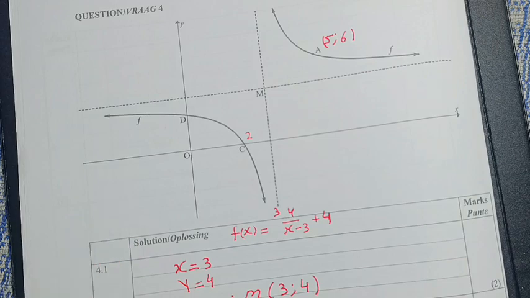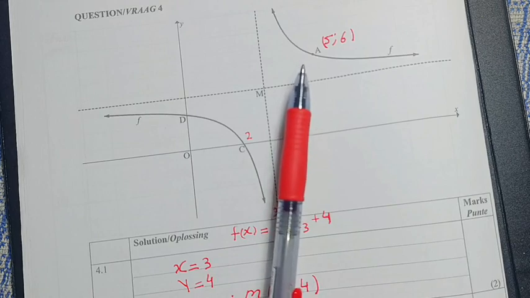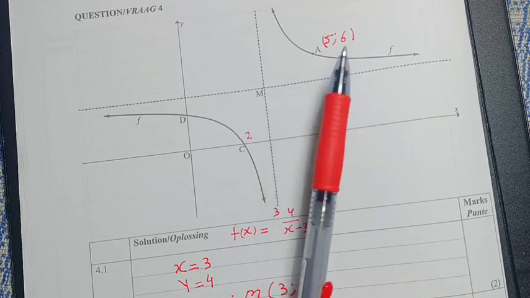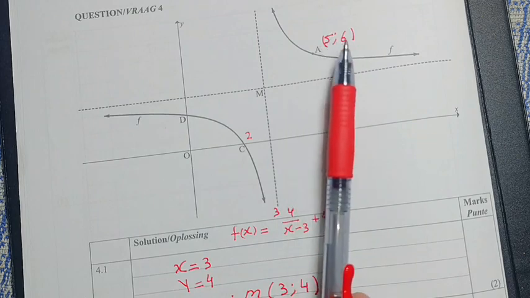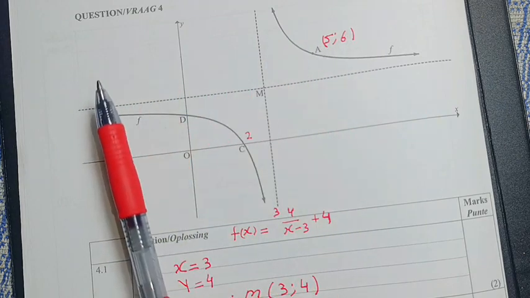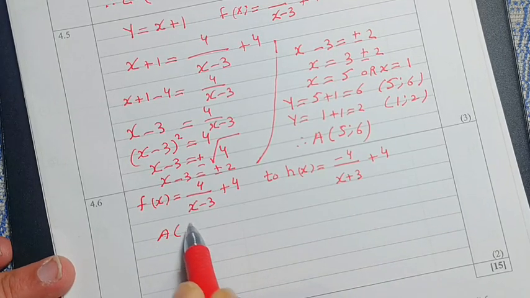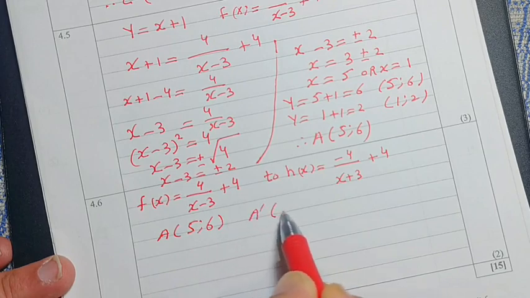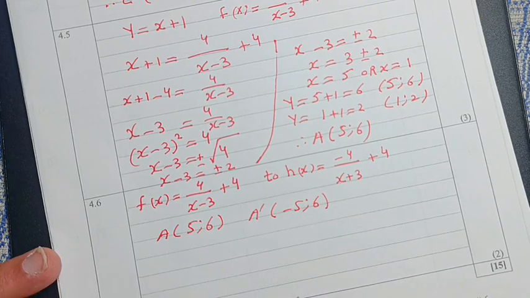Must remember, for a reflection on the y-axis you change positive x to negative x, and for the horizontal shift you go from the right-hand side to the left-hand side. So A prime is going to be (negative 5, 6). Must remember, the y value we can't change.